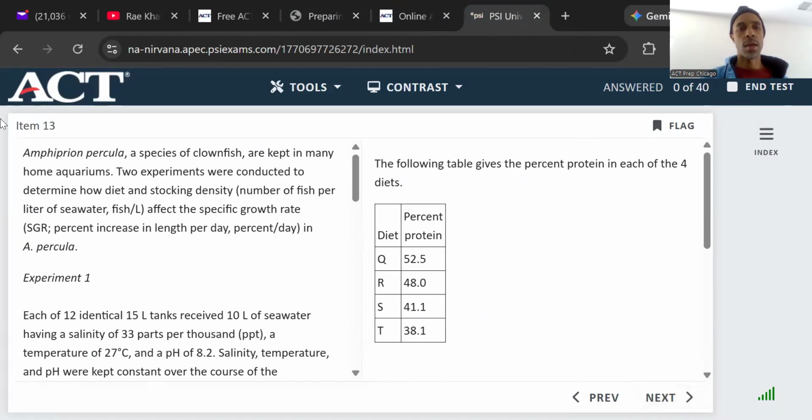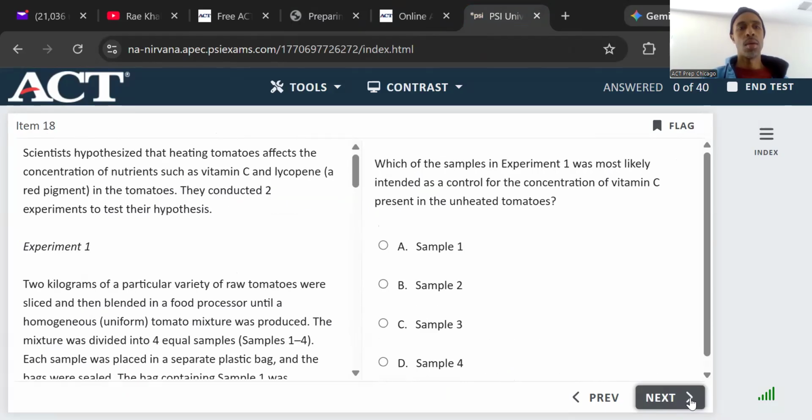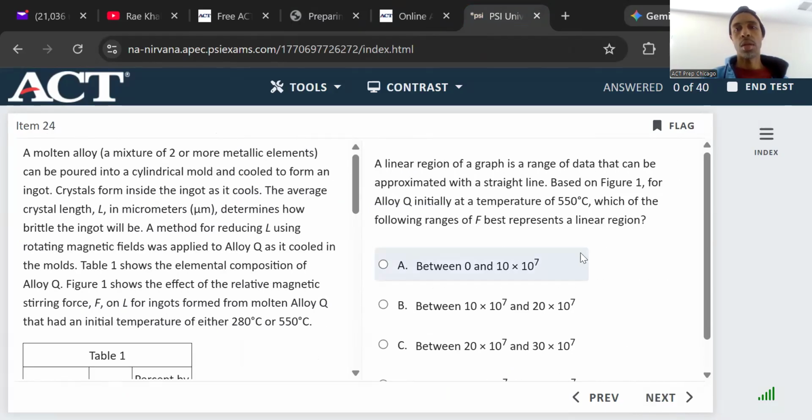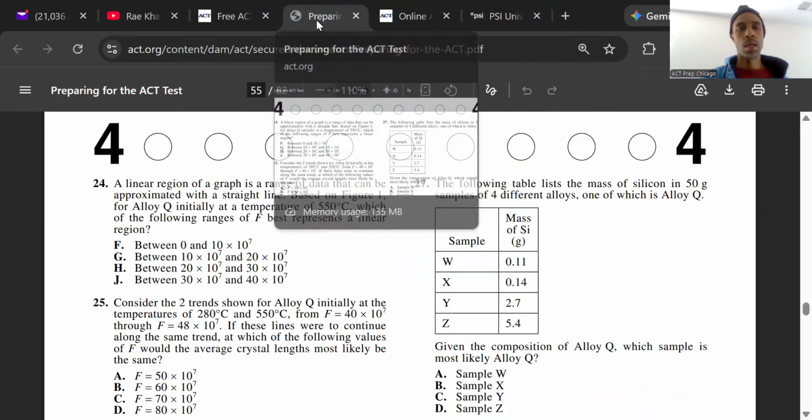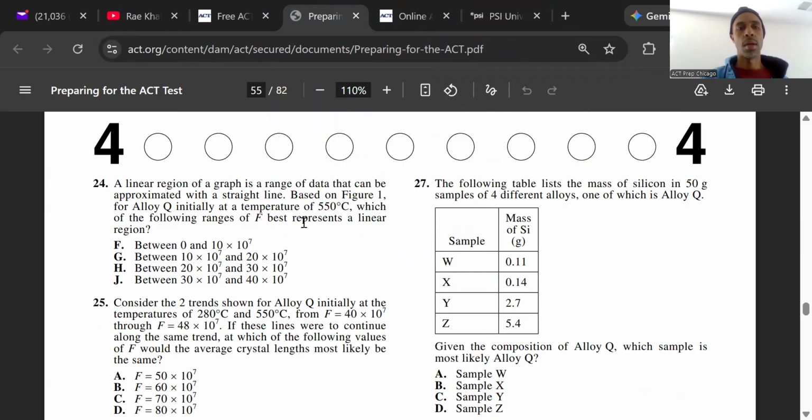If we go to question 24 on here, you see the question numbers are here. It should be the same exact question. Yeah, that's the same question.